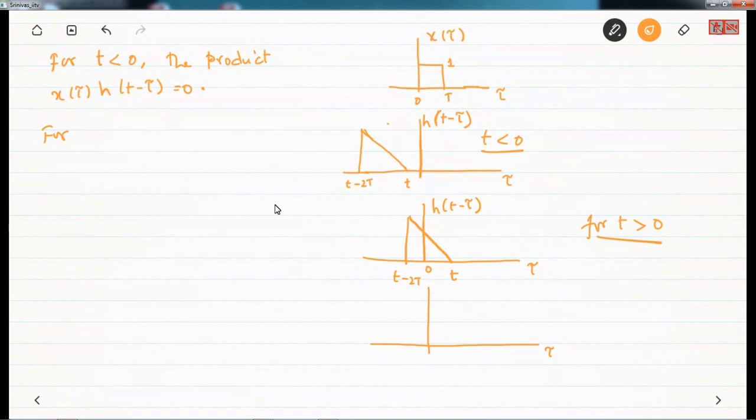So this will be when t equals 3t. So this is t.